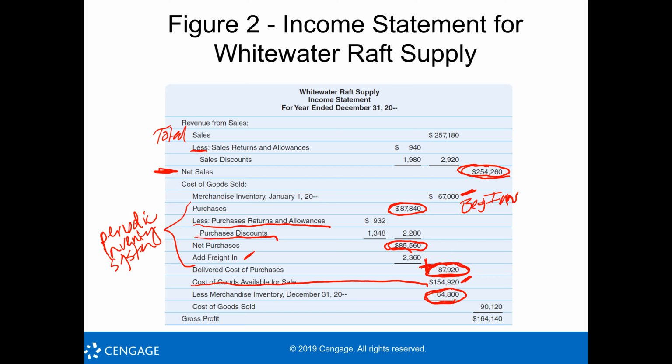We subtract out ending inventory to get cost of goods sold. So we take net sales minus cost of goods sold, and that gives us gross profit. And that's what they're showing you here: net sales minus cost of goods sold equals gross profit.